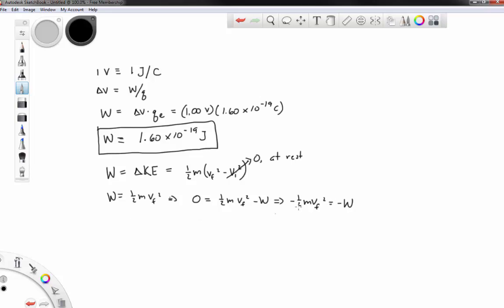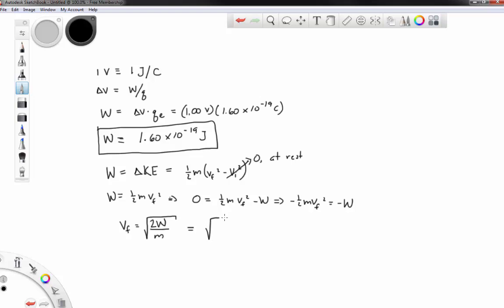And now we divide both sides by -1/2, and we divide both sides by m. So v final squared is equal to, when you divide by 1/2, it's the same as multiplying by 2, so we have 2 times the work divided by the mass, and we need to take a square root to get rid of the squared on that final speed.